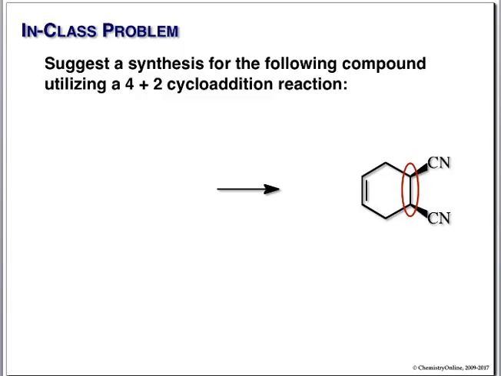Simply two nitriles and a cis double bond. And what else is left over? Well, we have 1, 2, 3, 4 carbons, nothing on them, simply a butadiene.